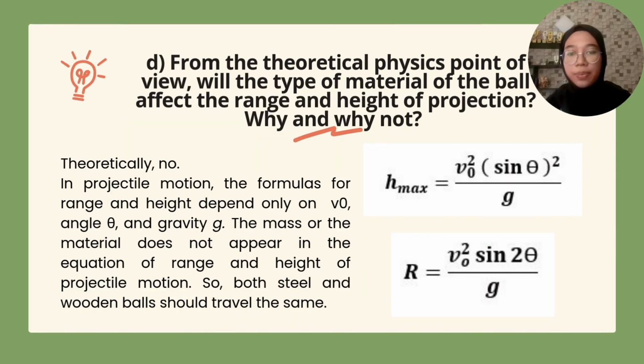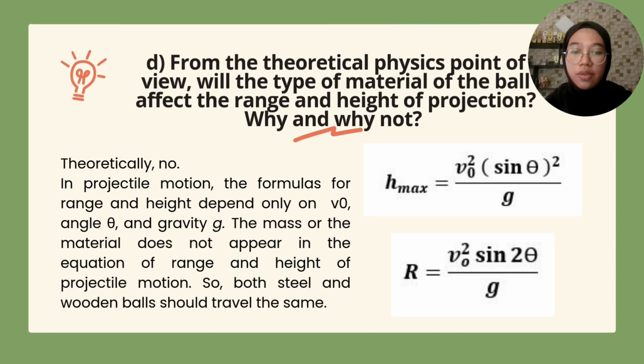For question D, from the theoretical physics point of view, will the type of material of the ball affect the range and height of projection? Why and why not? Theoretically, no. This is because in projectile motion, the formulas that we use to calculate the range and height only depend on initial velocity v naught, angle theta, and gravity g.